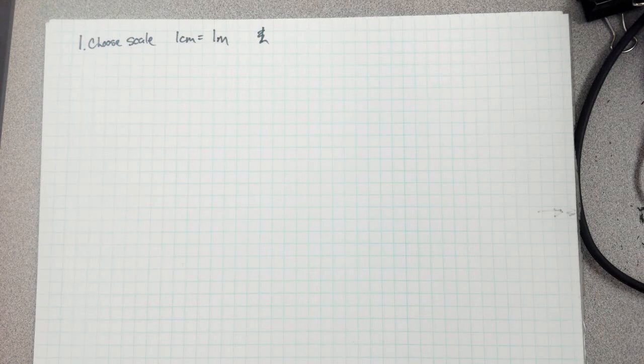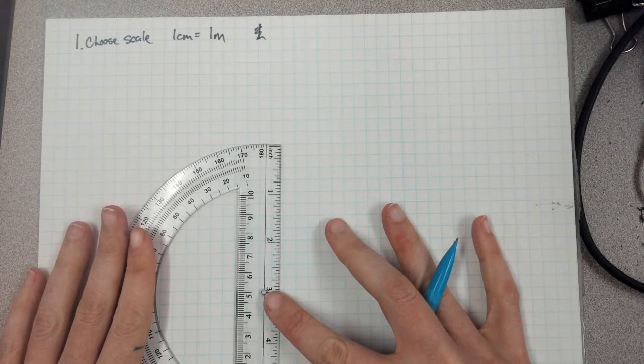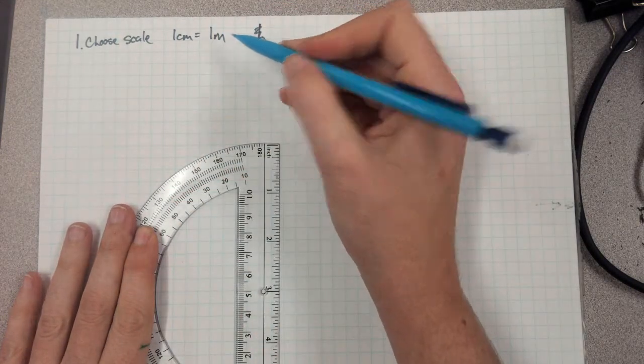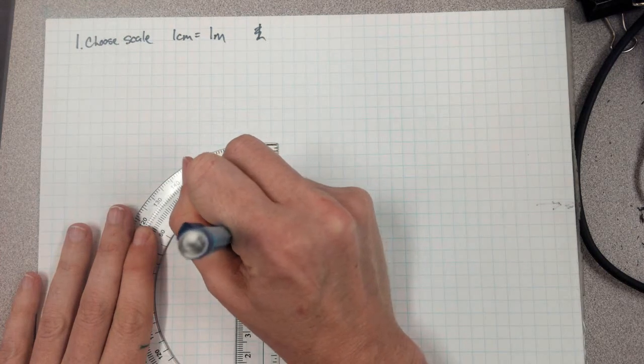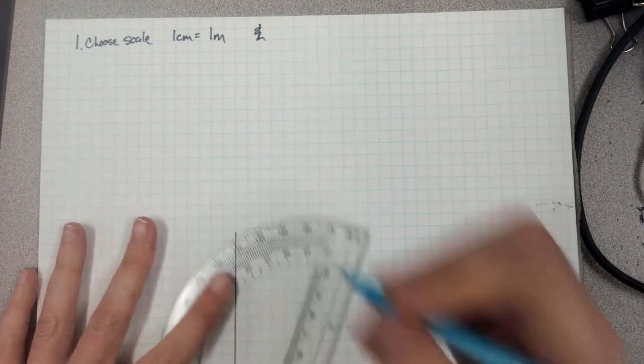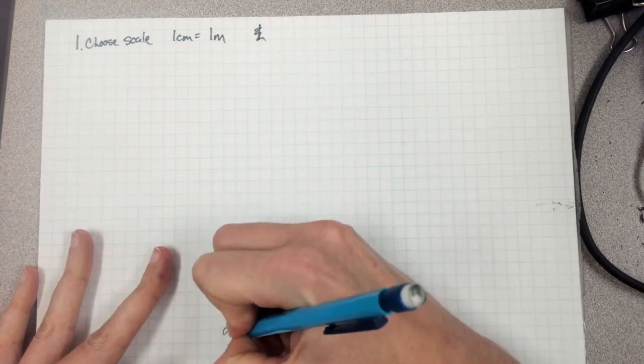So first thing our rodeo clown did was he went 8 meters north. So if 1 centimeter is 1 meter, then I go 8 centimeters like that. This is 8 meters.